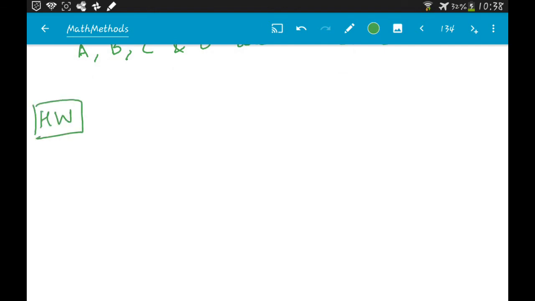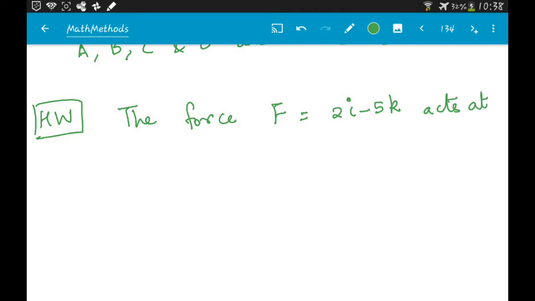Then third homework problem. The force F equal to 2I minus 5K acts at the point (3, minus 1, 0).